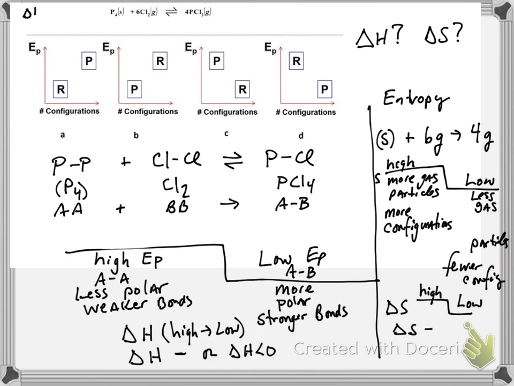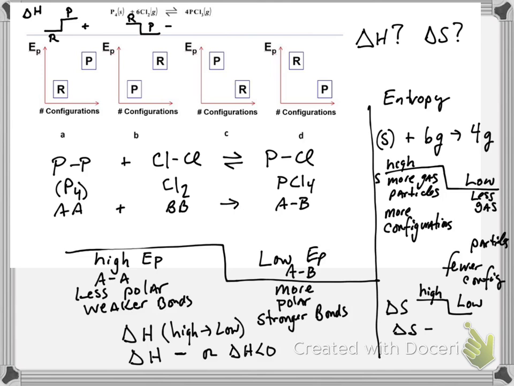So now we've assigned delta H and delta S. And so if we take a look at these PEC diagrams, what we can do is rank each of them in different ways, right? So we can say that we have the reactants going to products, and then we're just keeping track of the change in potential energy.